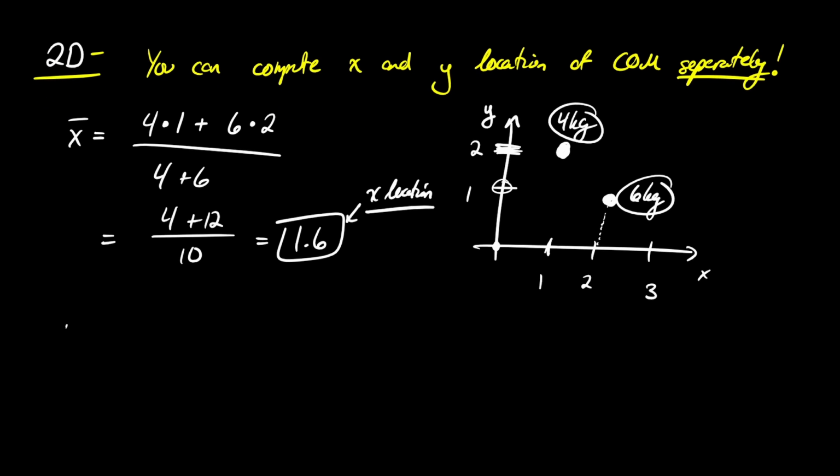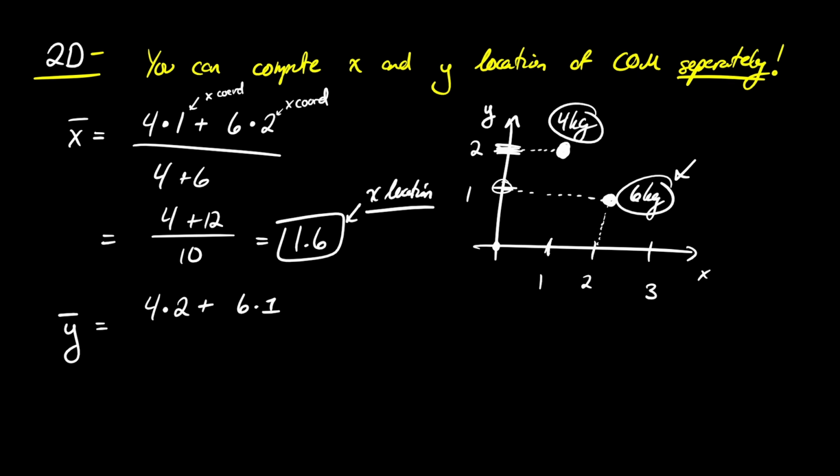And as you might have guessed, for the y direction, instead of using the x coordinate of object 1 and the x coordinate of object 2, all you do is you do their masses times their y coordinates, completely ignoring their x coordinates. So for this example here, we would have the 4 kilogram mass times its y coordinate, which is 2, plus the mass of this object, 6, times its y coordinate, completely ignoring its x coordinate.